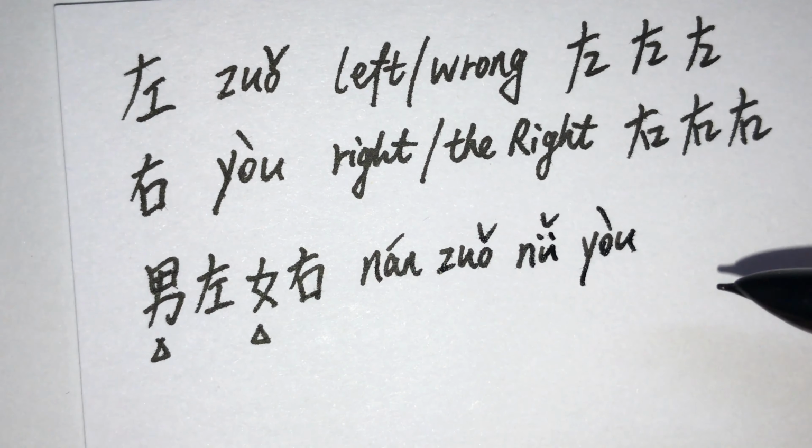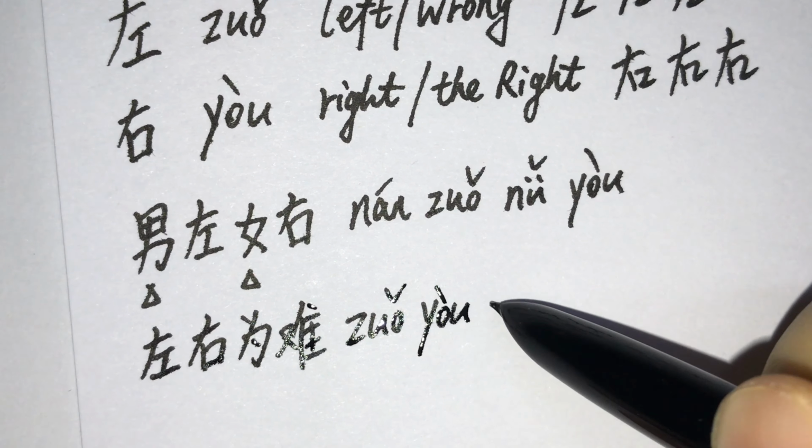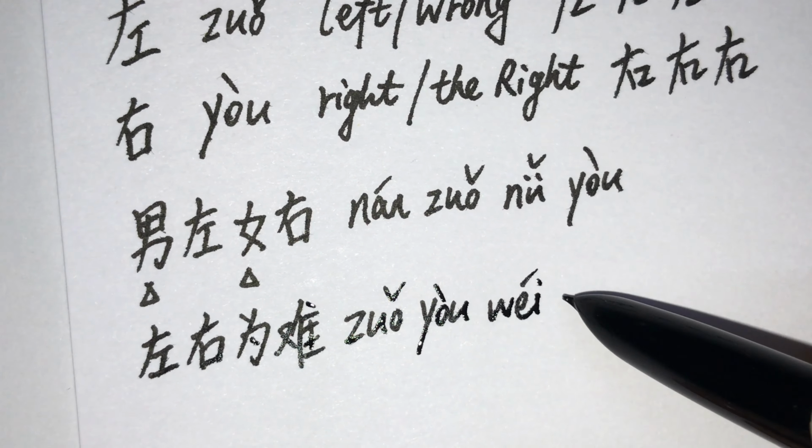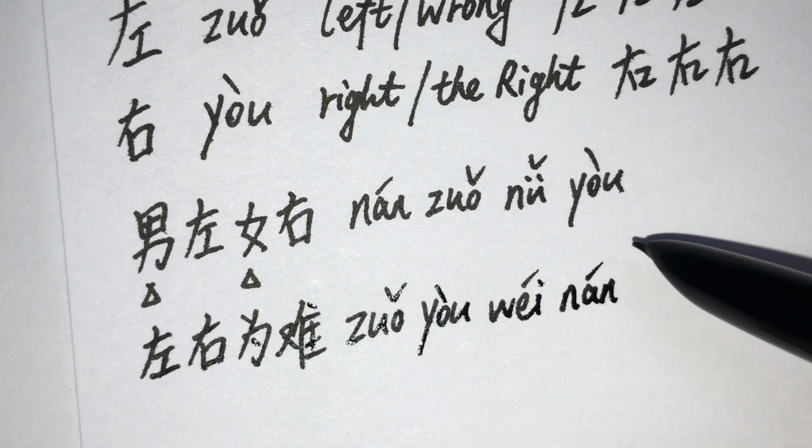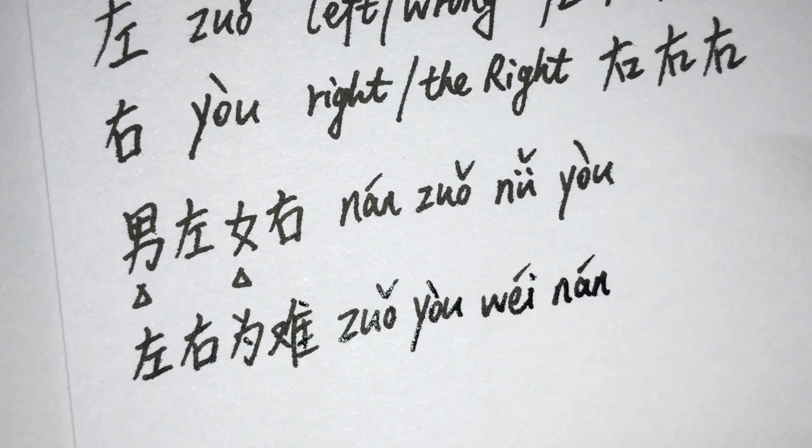Another example, 左右为难, means in a dilemma.